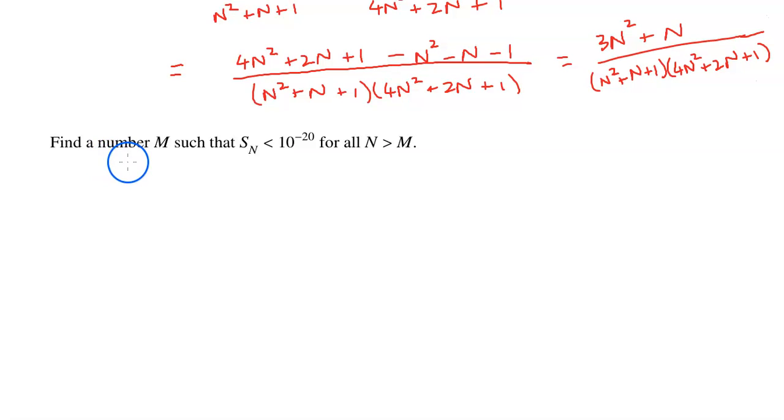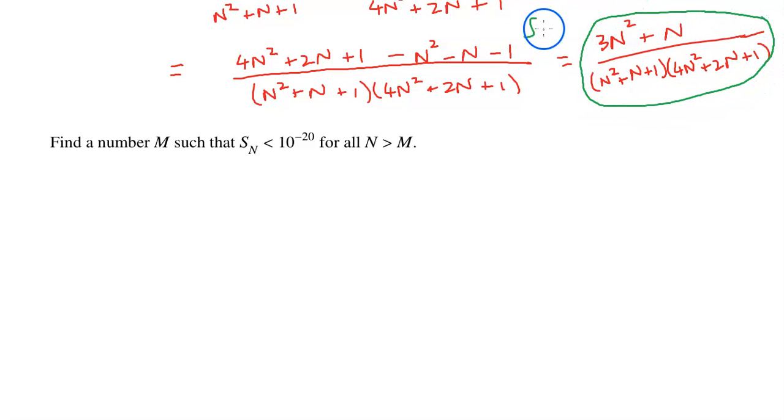Now, for the second part of this question, it's not immediately obvious what to do. We're looking for some number m such that Sn is less than 10 to the negative 20 for all n bigger than m. Remember, this thing here is our Sn. And well, basically we're looking for an inequality here.